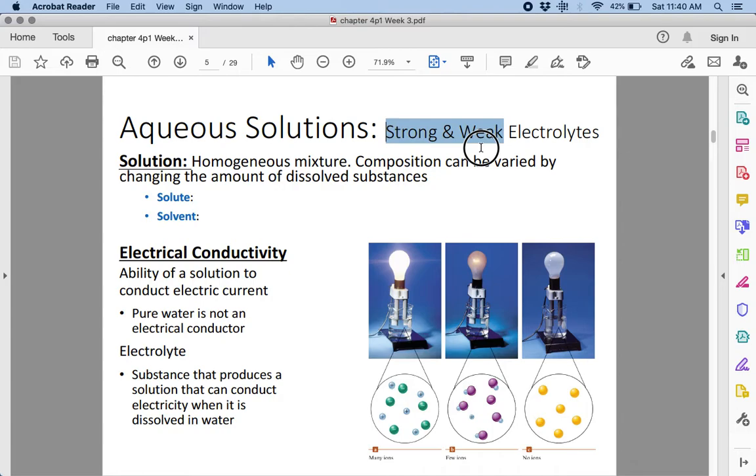So what are the strong and weak electrolytes that we're talking about? This is how we define these solutions that get dissociated. You may have heard of electrolytes before, typically in a Gatorade commercial where they tell you that you can replenish your electrolytes.